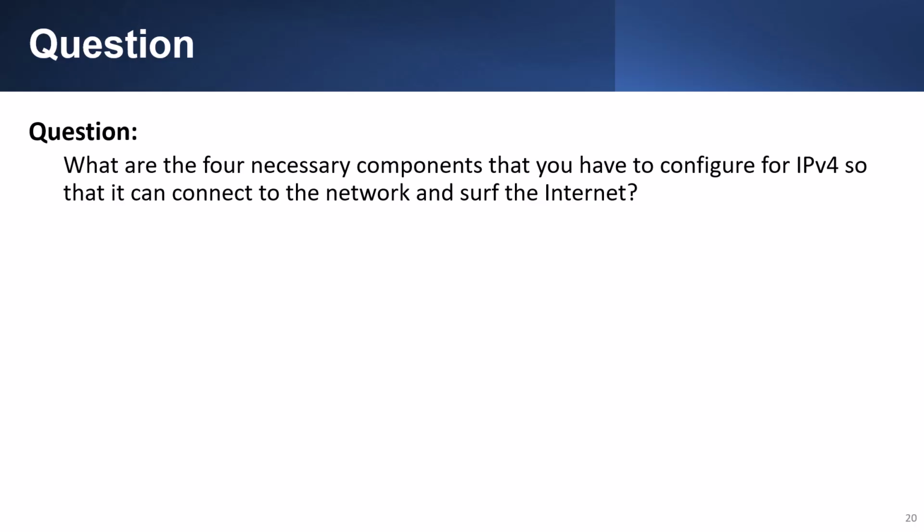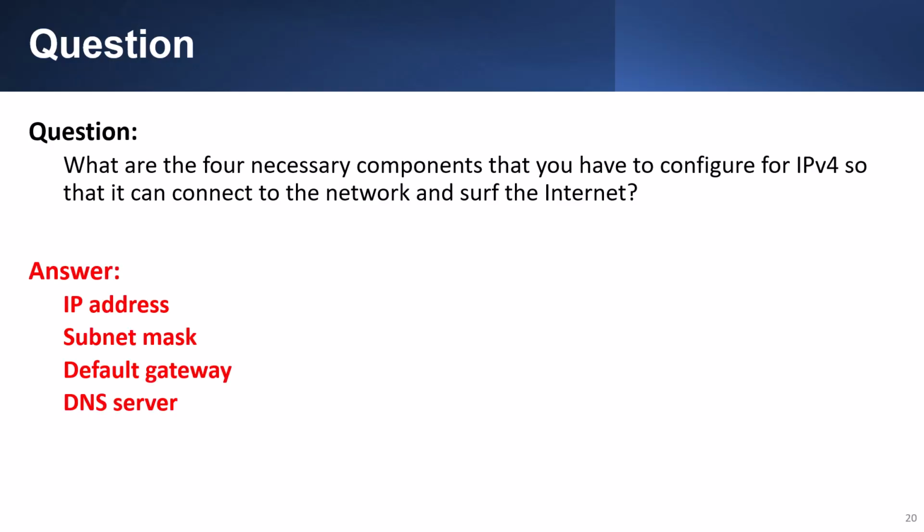Question: what are the 4 necessary components that you have to configure for IP version 4 so they can connect to the network and surf the internet? Answer: IP address, subnet mask, default gateway, and DNS server.